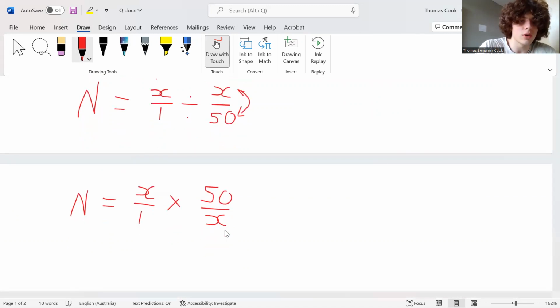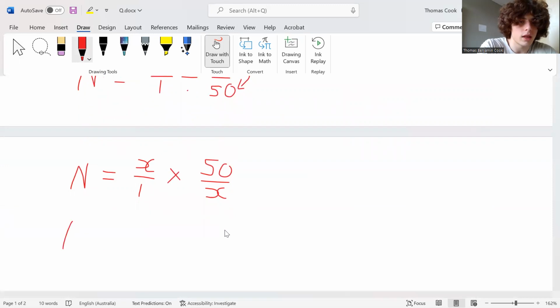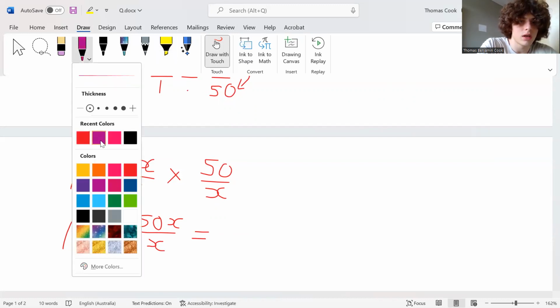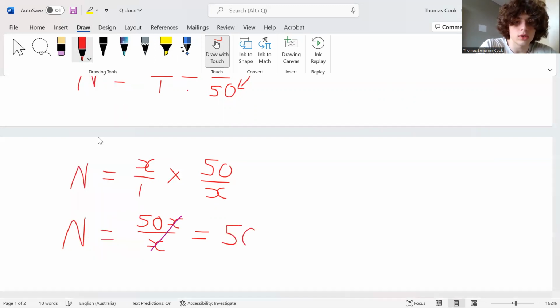Then we multiply the top by the top, the bottom by the bottom. On the top, we get 50x, and on the bottom, we get 1x, or just x. Then the x cancels, which is very nice because now we don't even need to know what x is. That just gives us 50. So the number of reams is 50.